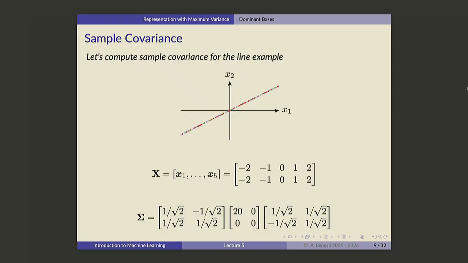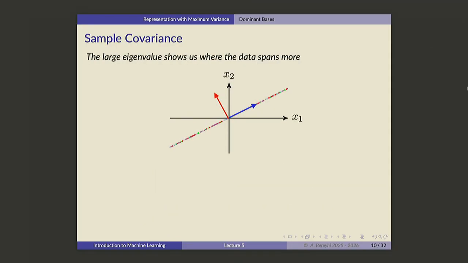These are orthogonal because if you take the dot product of these 2 vectors, it is 0. One of them is the one which has eigenvalue 20, and the other one has eigenvalue 0. Everybody's cool? Questions?